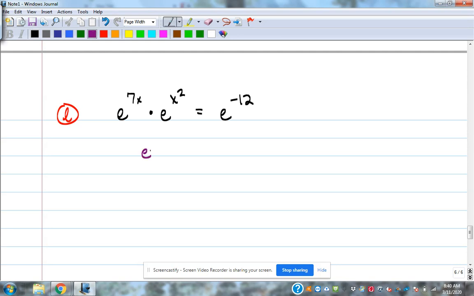So this is e to the, or well, descending order would be nice. So x squared plus 7x is equal to -12. And you bring that old 12 over.